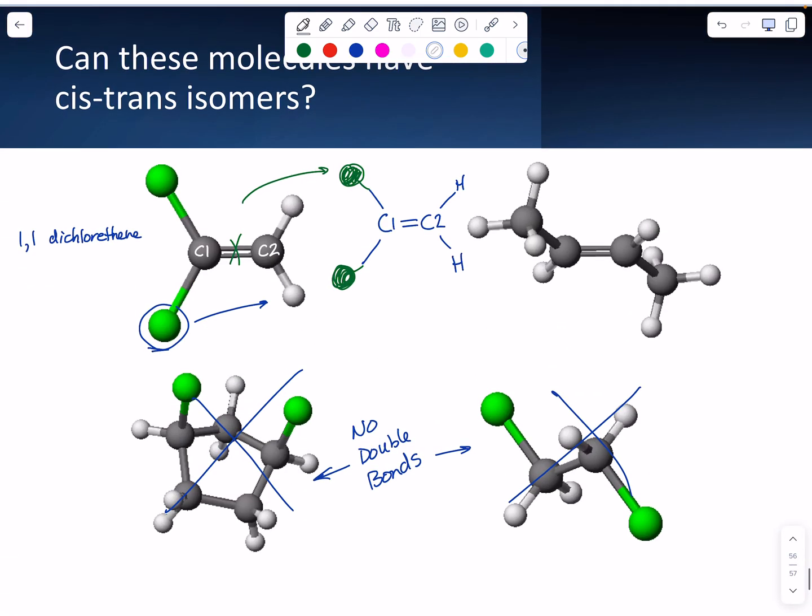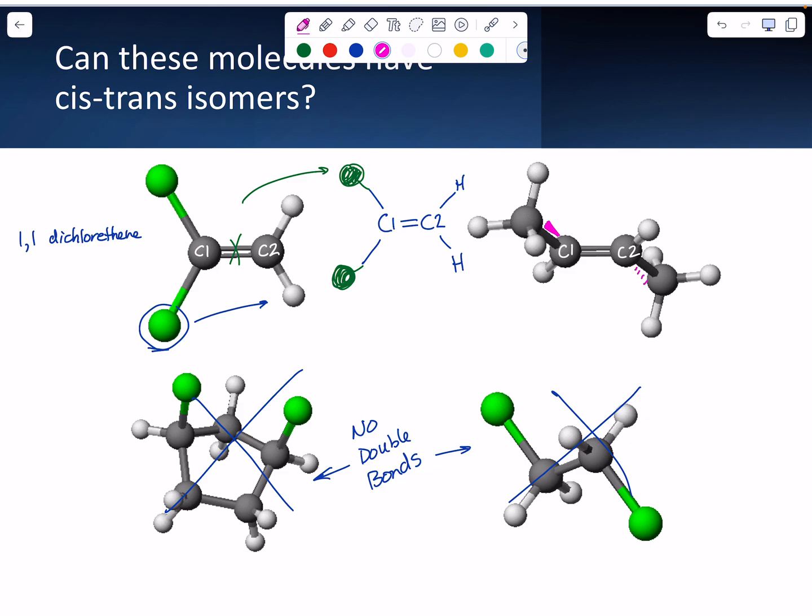All right, so now let's look at this molecule right here. So I've got my two carbons. We'll name them carbon 1 and carbon 2. Again, they're pointing off in certain directions. This one is coming out towards us, and this group back here is projecting behind.